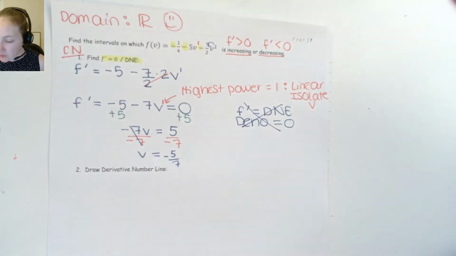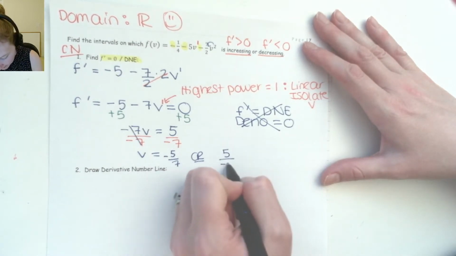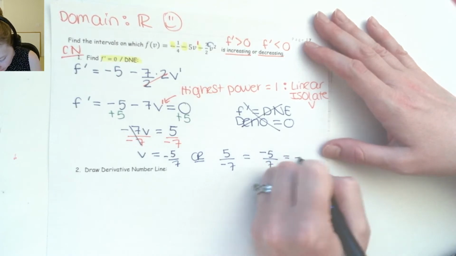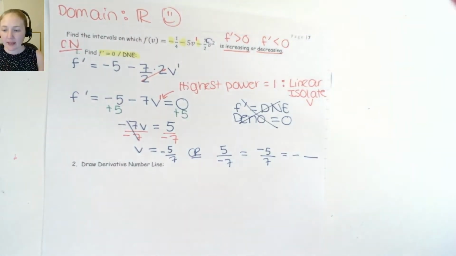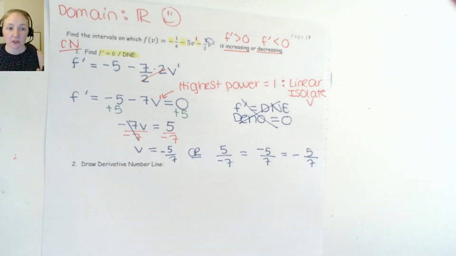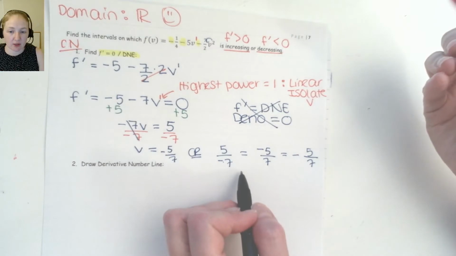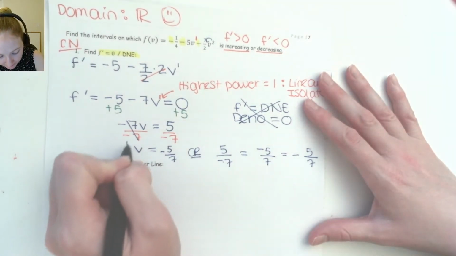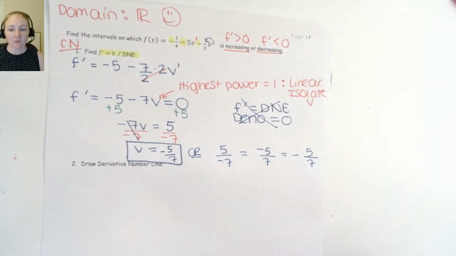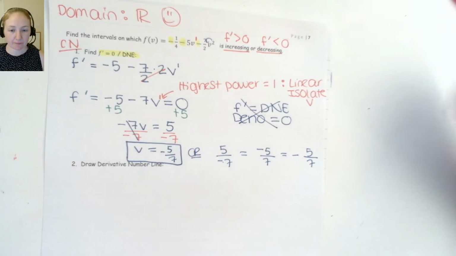Now, please note here that you can write it like 5 over -7, or you could put the -5 in the numerator, or you could write negative fraction and then 5 over 7. So we only distribute that negative to either just the numerator or just the denominator. But I like to just put the negative right in front of the fraction bar as my representation, but these are all technically the same number.